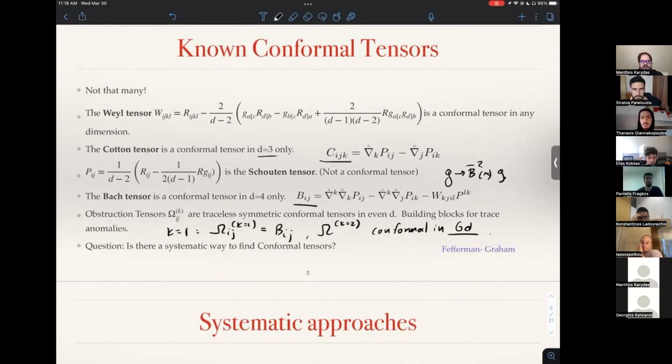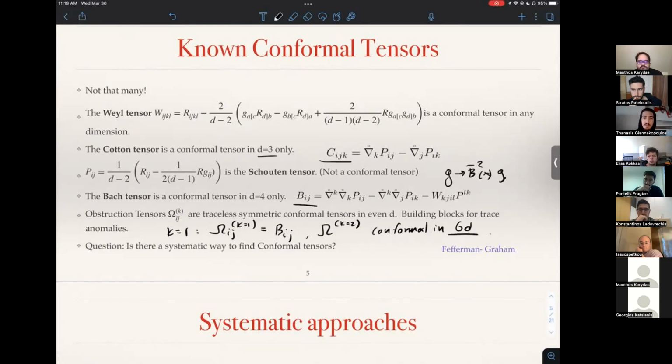Sorry to interrupt. Is this only in even dimensions? Yeah, it's only in even dimensions. That's right. In odd dimensions, there are some proposals for conformal tensors that I haven't mentioned here, but I haven't found many. I don't know completely what is known in odd dimensions, but I don't think there are many known tensors.